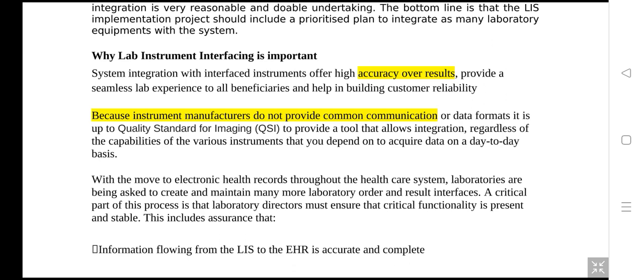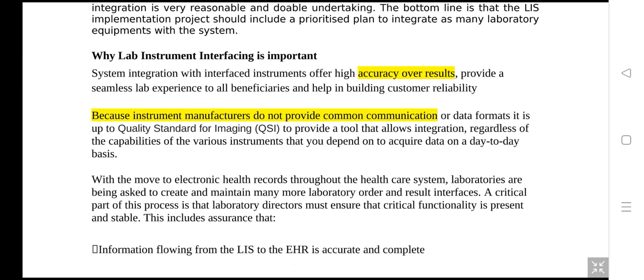Seamless means there is almost no boundary. Even in the transmission of results to the laboratory system, you don't realize there was a need for intervention. It's automatic. It's called seamless transmission of results.